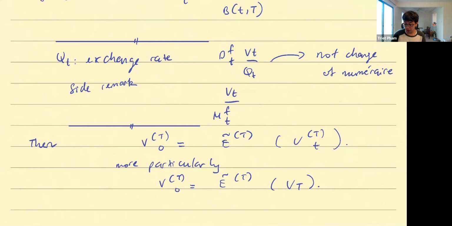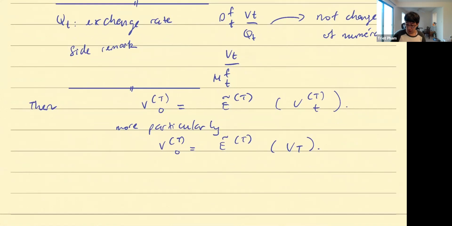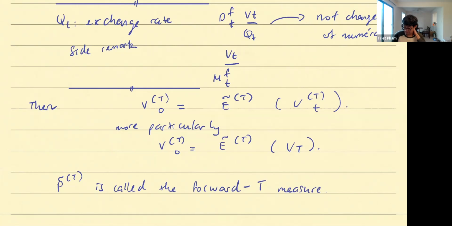And this is very popular, so people give it a name. People call this measure the forward measure. If you want to make sure you know what expiration you're using, you say the forward T measure. Any question on this?